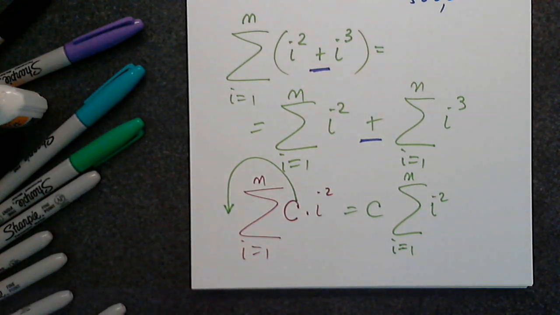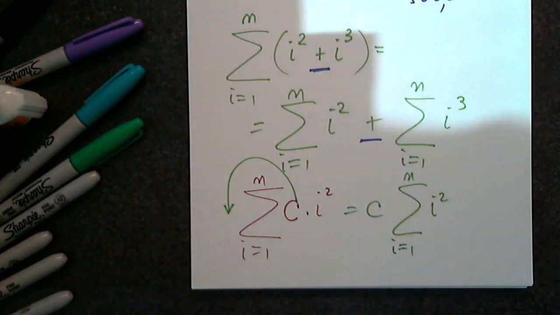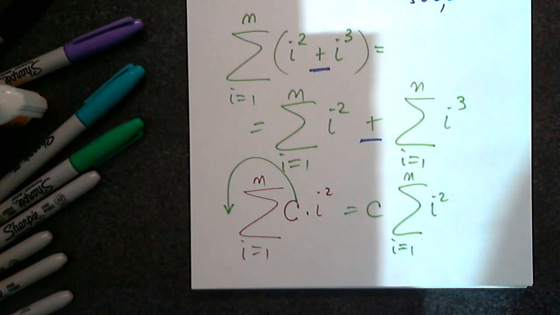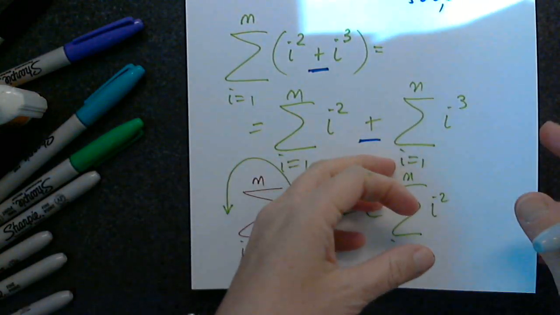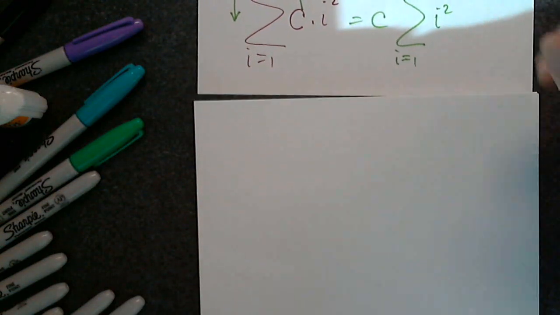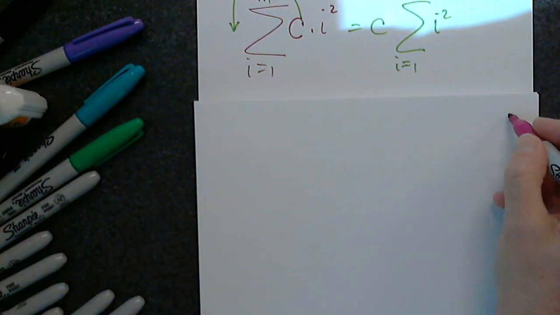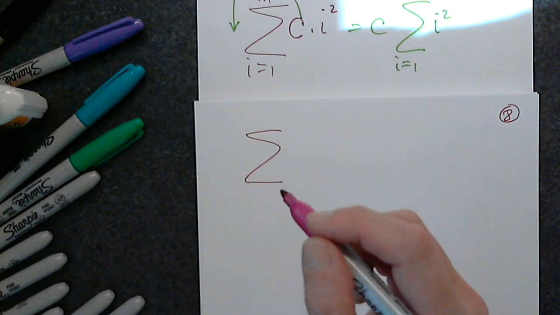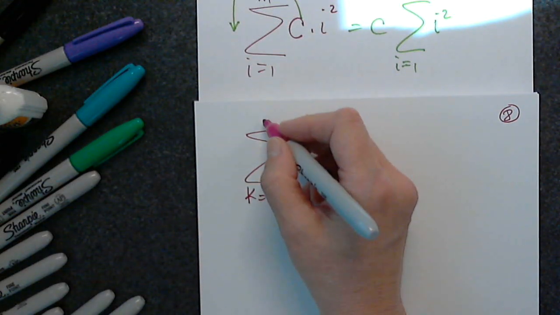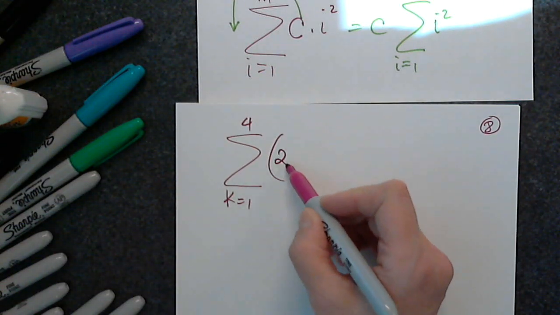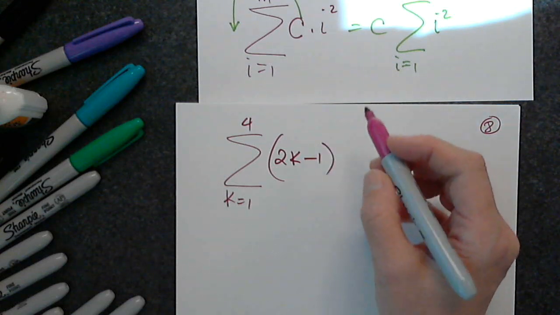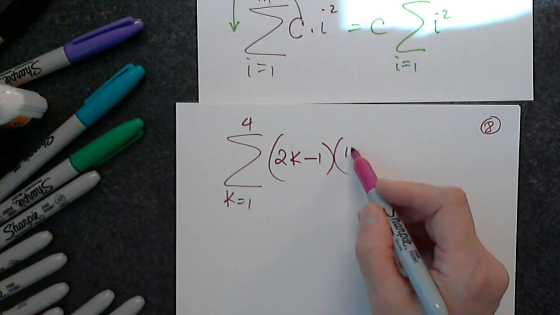So let's look at a couple of examples here before we continue. Okay, I want to make one up. Here it is. Let's say the sum from k equals 1 through 4 of (2k minus 1) times (k plus 2).